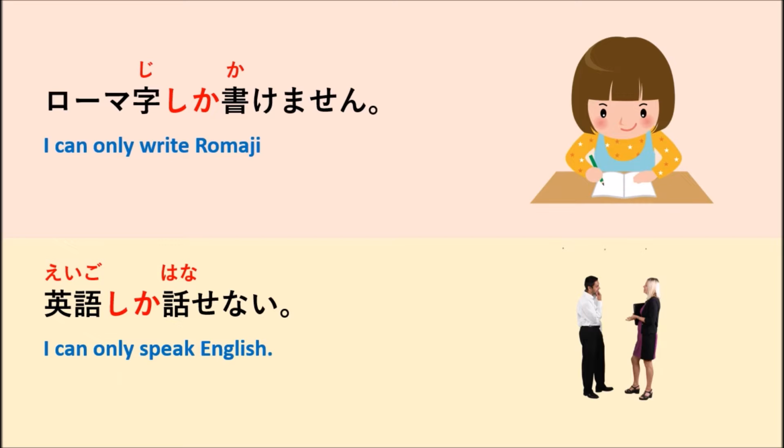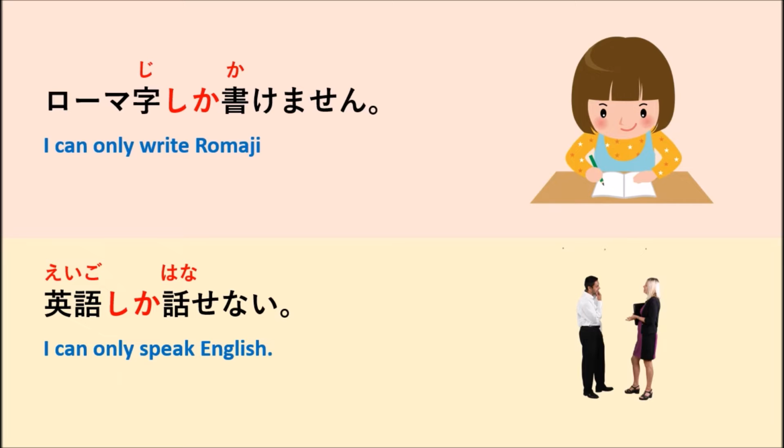The first sentence says, ローマ字しか書けません。Which means, I can only write Romaji. And the second sentence says, 英語しか話せない。Which means, I can only speak English.